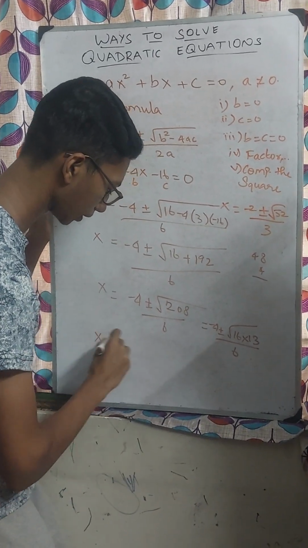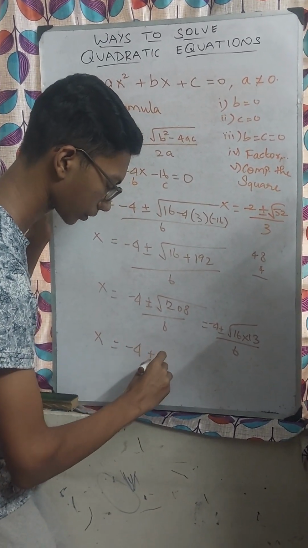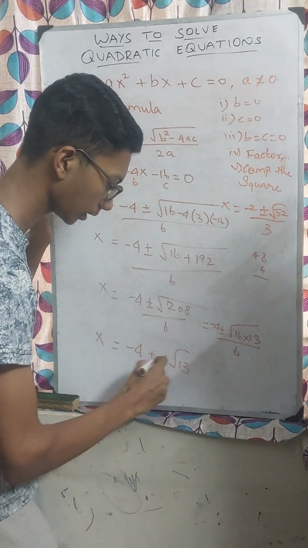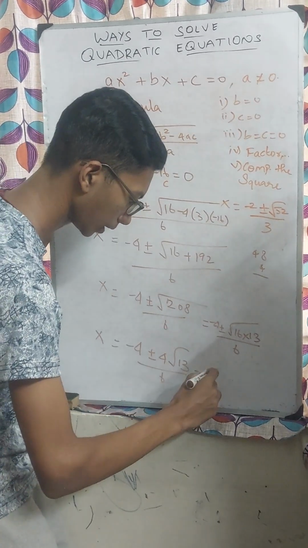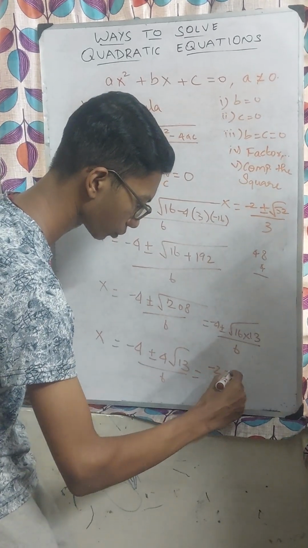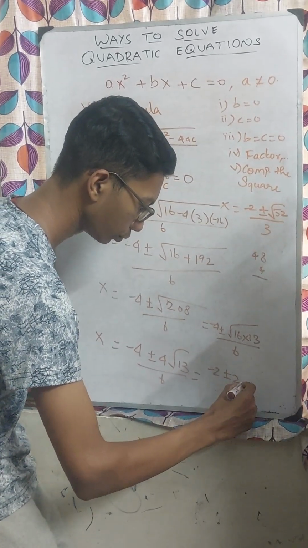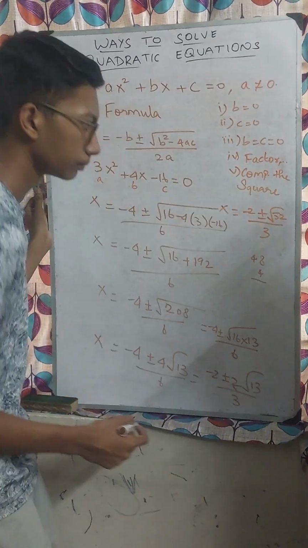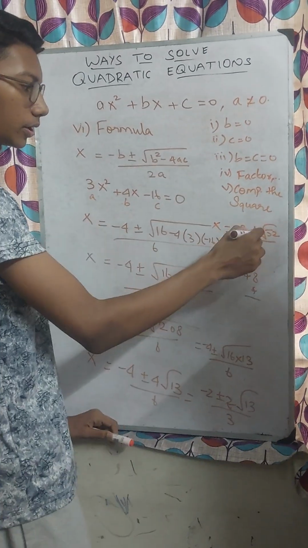We get x = -4 plus or minus 4, taking this root 16 to the other side, √13, by 6. We divide these two, so -2/3 plus or minus 2√13/3. This is the answer we got here.